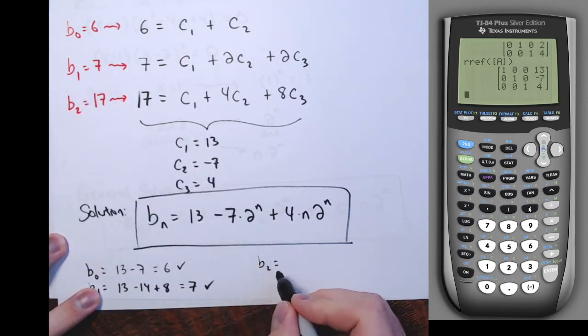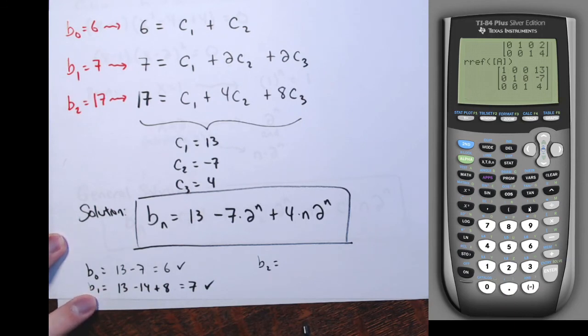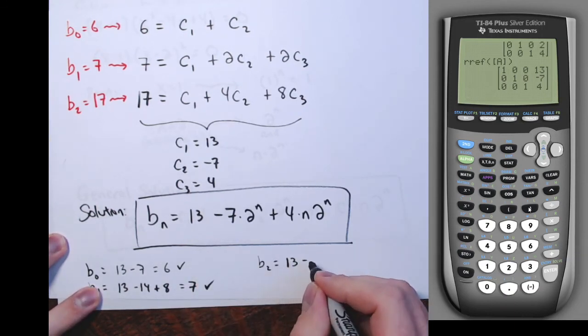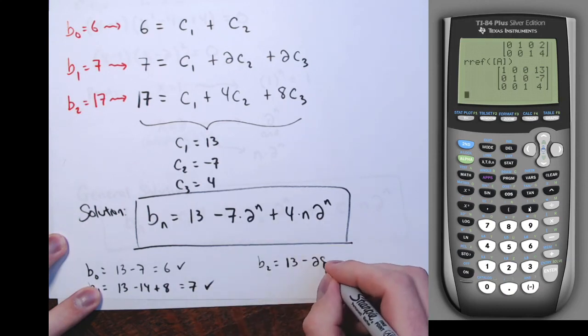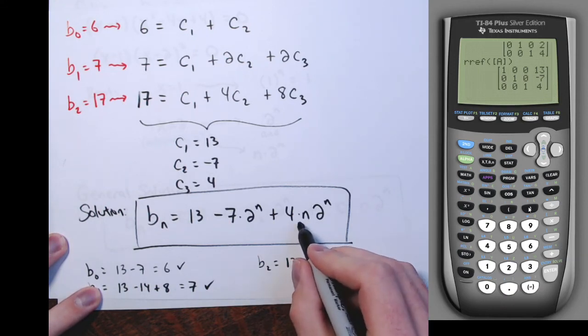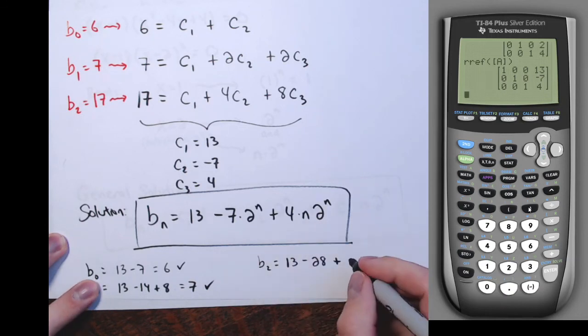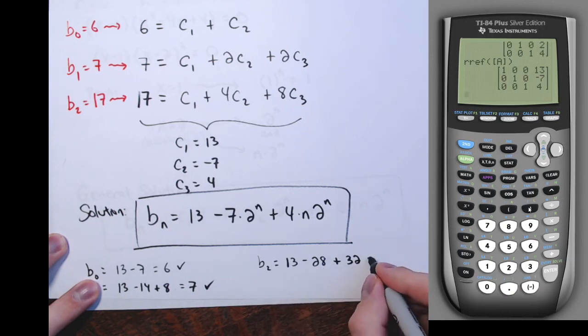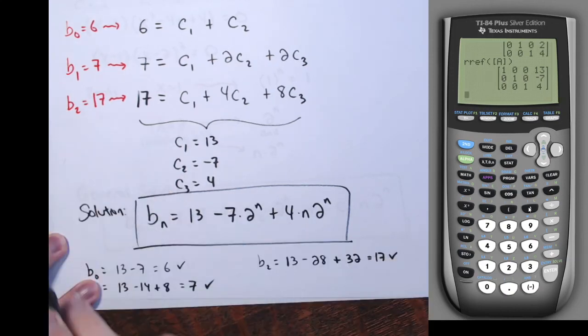And B2, and again, this would work for any other term in the sequence, but B2 would be 13 minus 28, right, 7 times 4, plus, and then again n is 2, so 8, 4 times 8 plus 32. -28 plus 32 is 4. 13 plus 4 is 17. Hey, look at that, it's matching.